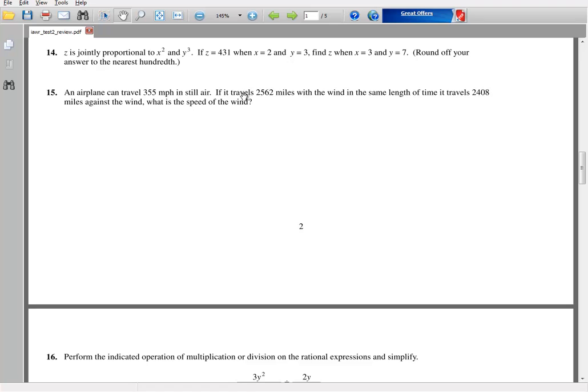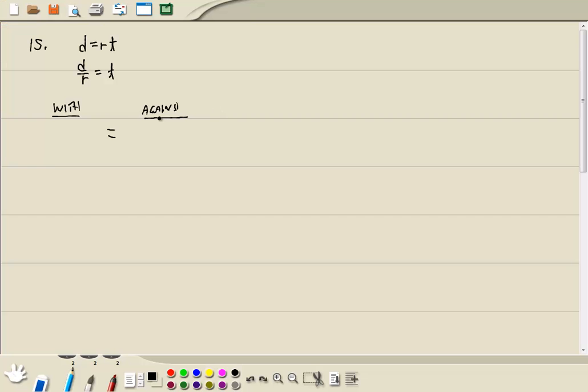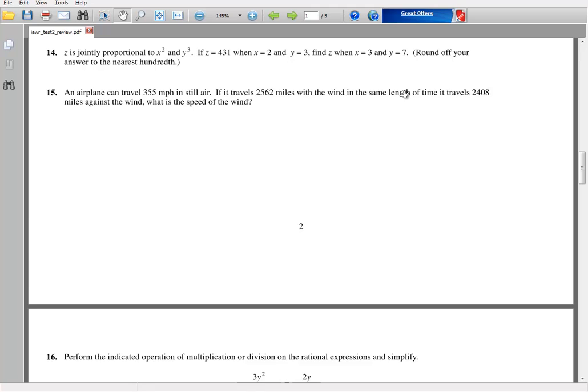Okay, so with the wind, 2562 over, and then against the wind, it travels 2408.